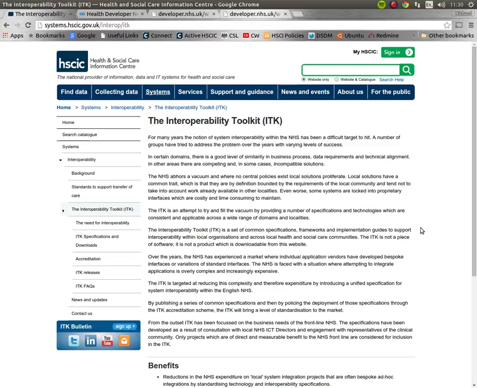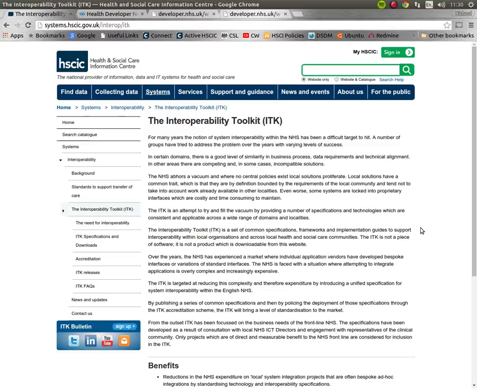So the starting page for most people looking into the ITK would be the HSCIC website. The website contains various information about ITK. ITK has existed for a number of years.